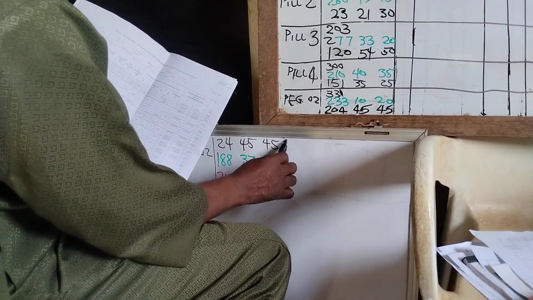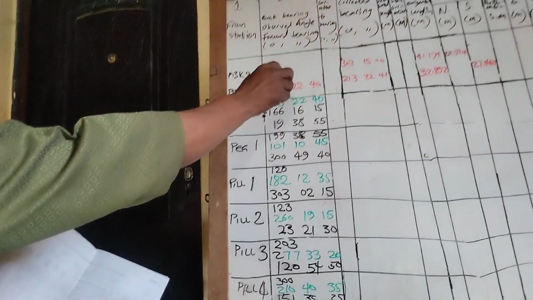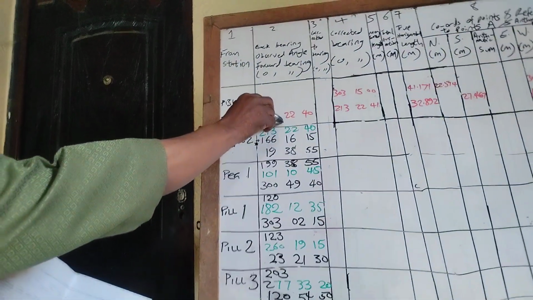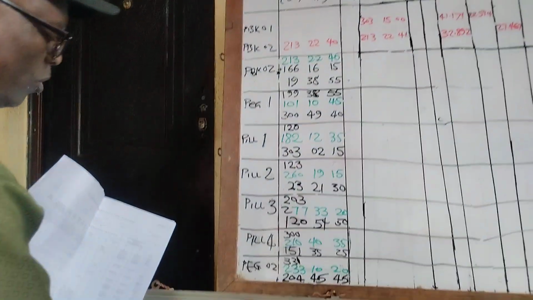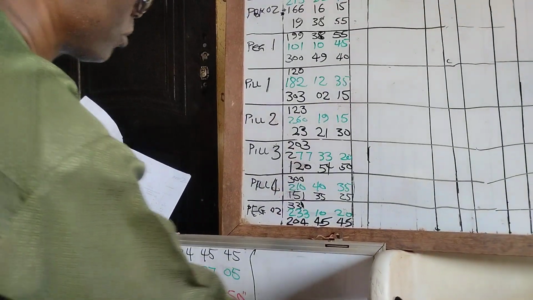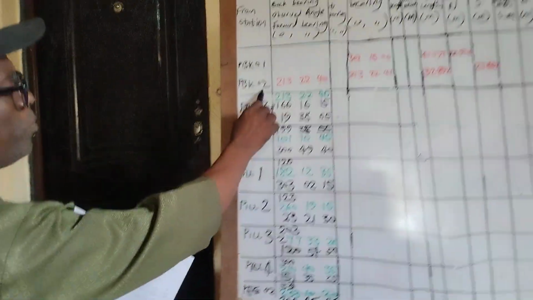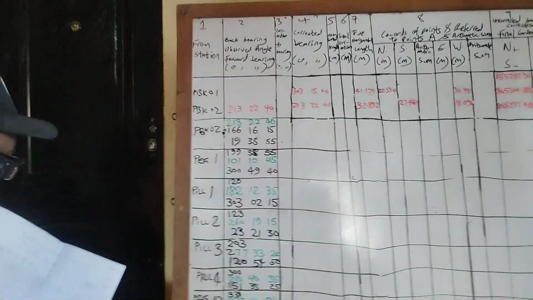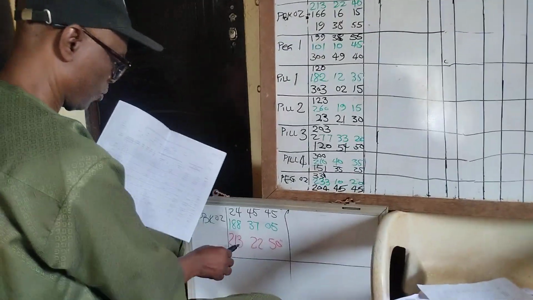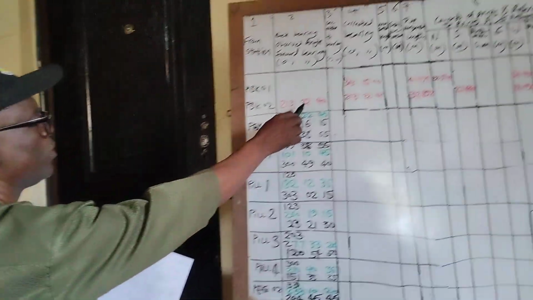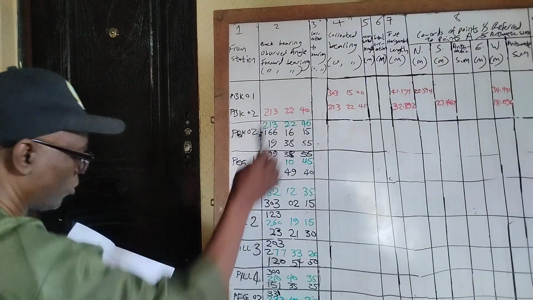Now from here, if you look at your starting bearing, what was your starting bearing? Remember, you are now going back to that same PPK 2 to PPK 3. So PPK 2 to PPK 3: 213 2250 instead of 213 2240.